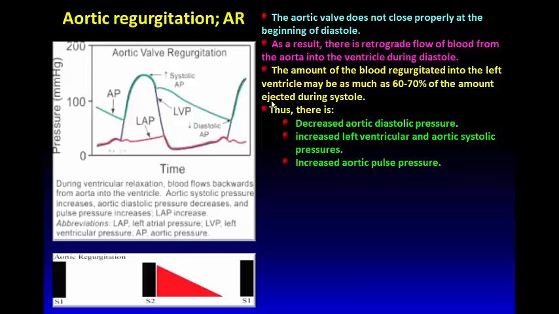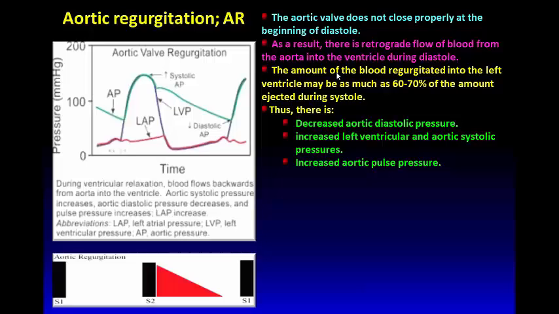However, in cases of aortic regurgitation, the valve is incompetent, and as a result there is retrograde flow of blood from the aorta into the left ventricle during ventricular diastole. The amount of blood which regurgitates might be as much as 60 to 70% of the ejected stroke volume.